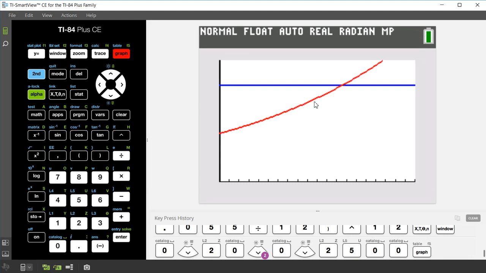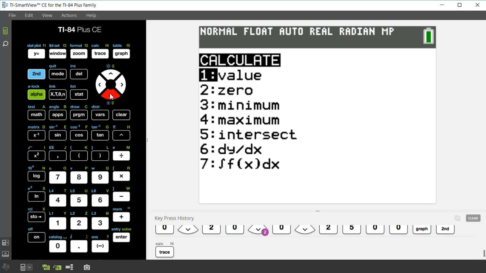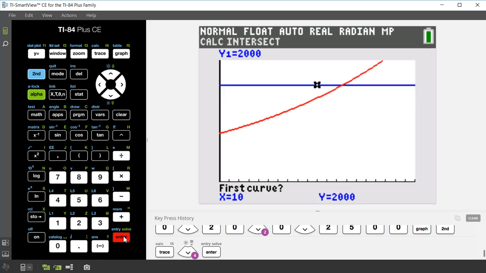Okay, so here we have an exponential graph, and we have the amount that it reaches, right? So second, trace, and we'll use the intersection. Okay, so it is going to take approximately 13 years for this amount to double.